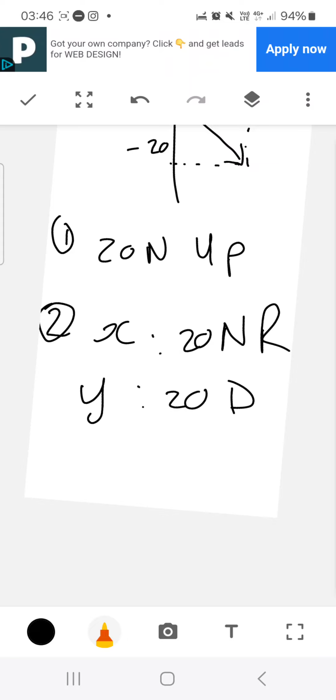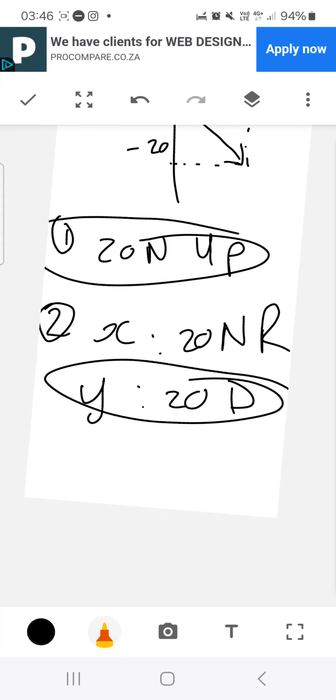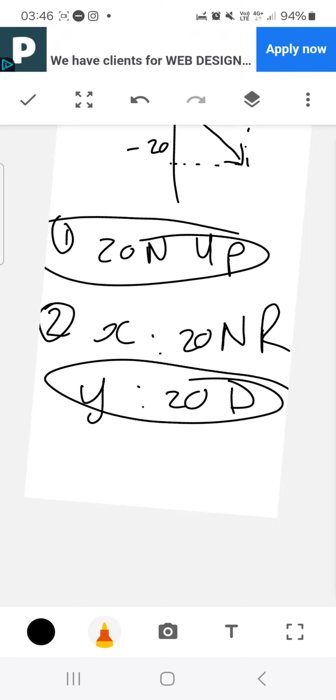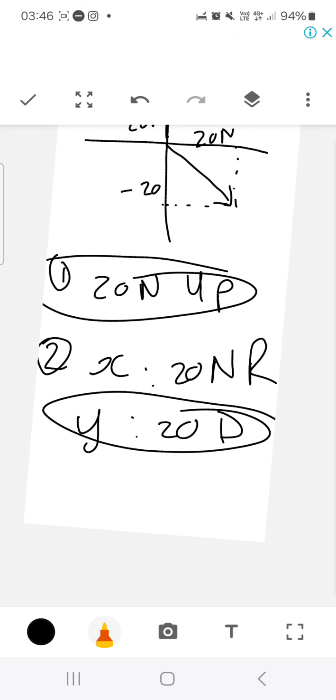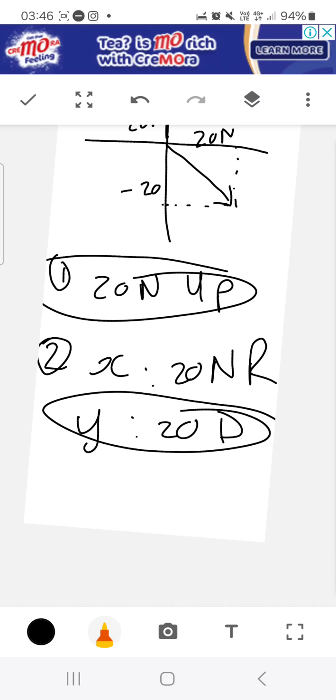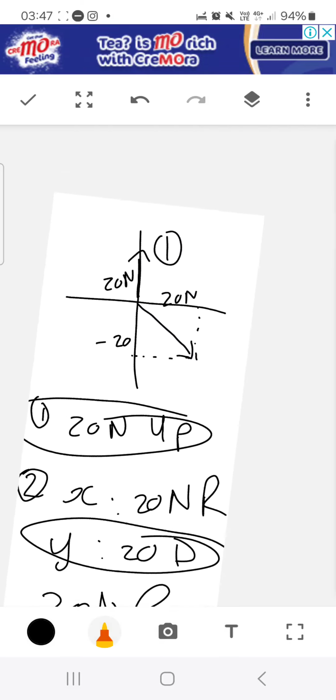So if I add 20 newtons up and 20 newtons down, they cancel out. Or in other words, it would be 20 minus 20, 0. So there's no up or down component. And then all that's left is the 20 newtons, right? And that's what I saw from those diagrams.